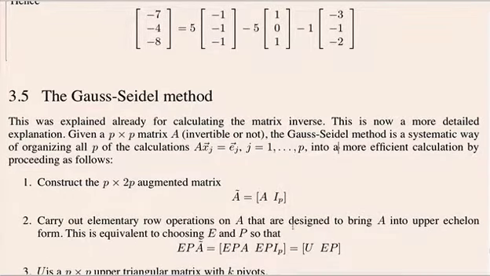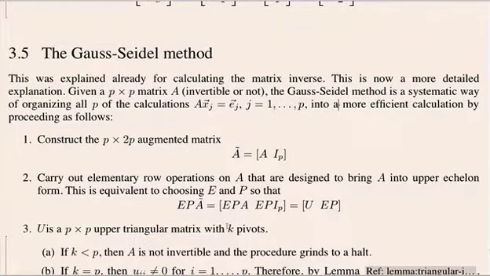Then we carry out elementary row operations on A that bring A into upper echelon form. And we already know how to do this. This is using this E times P matrix multiplication from the left. But now we also multiply this second part, the identity part. So what we get here is a U, E P part.